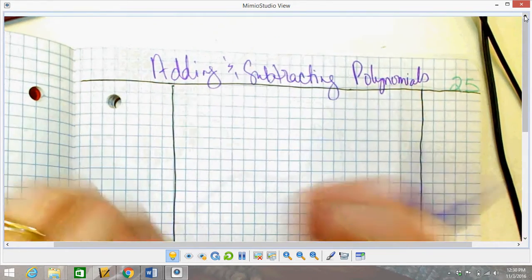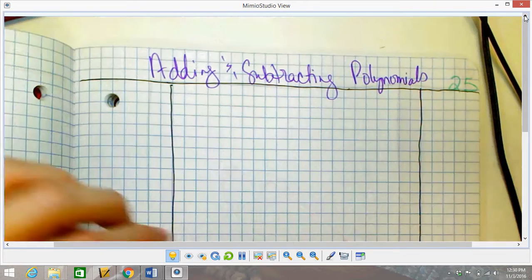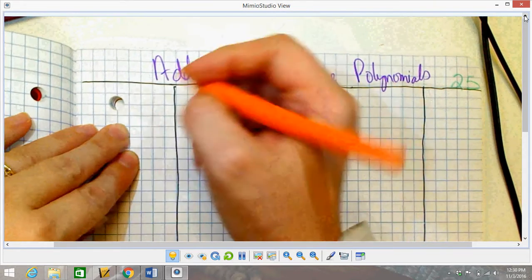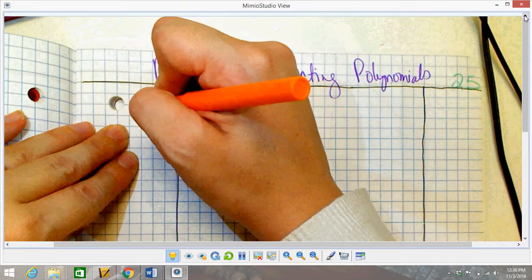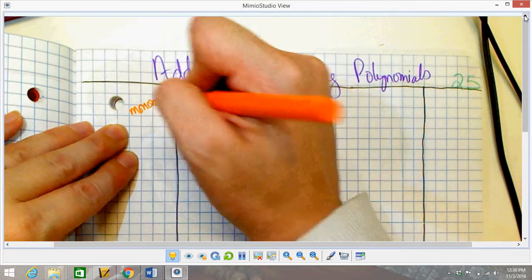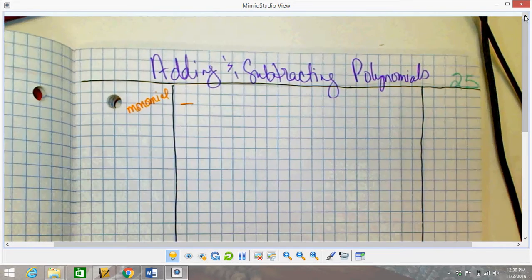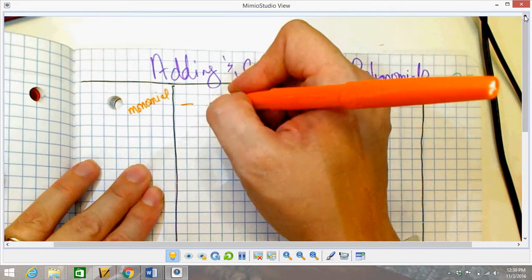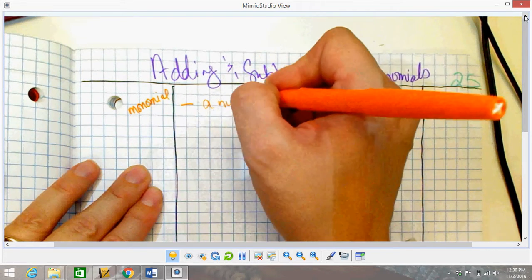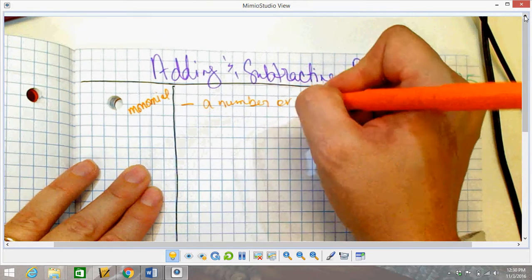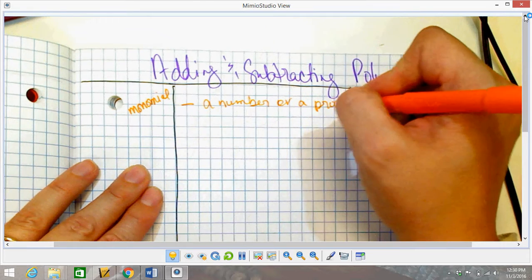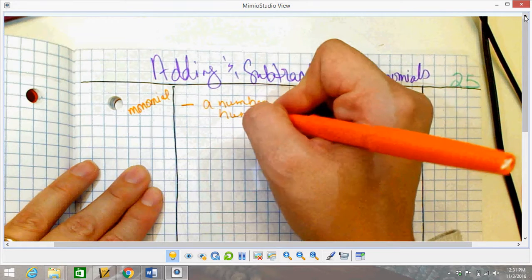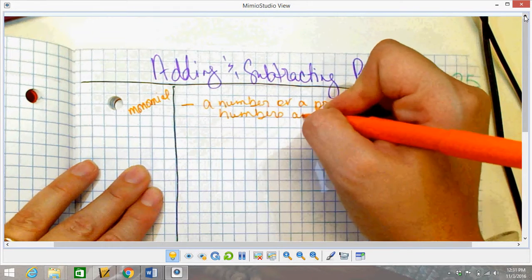So the first word I want to define is a monomial, which you've probably heard before, so it's not new. But a monomial is a number or a product of numbers and variables.